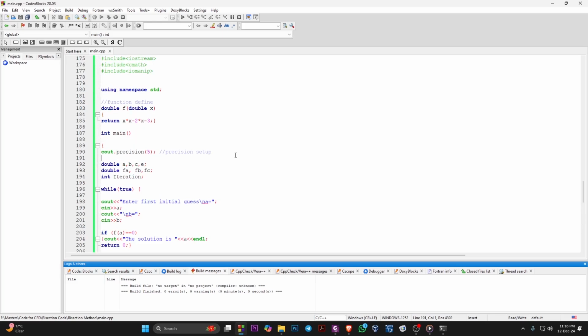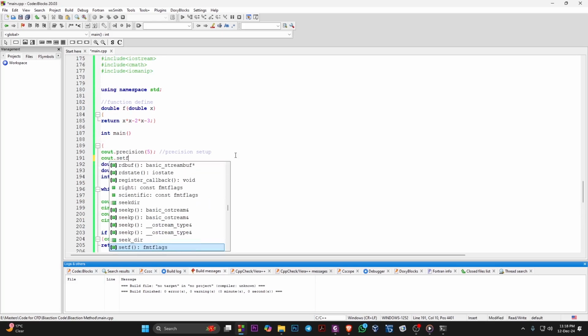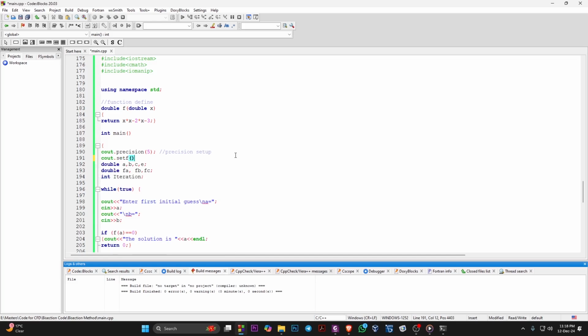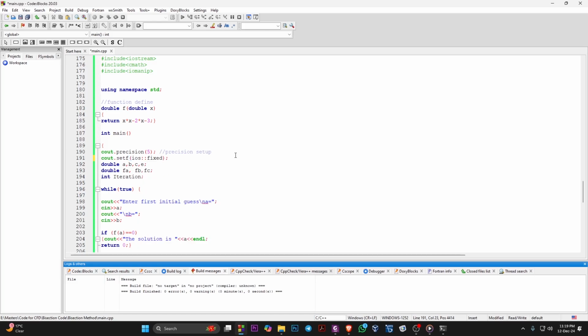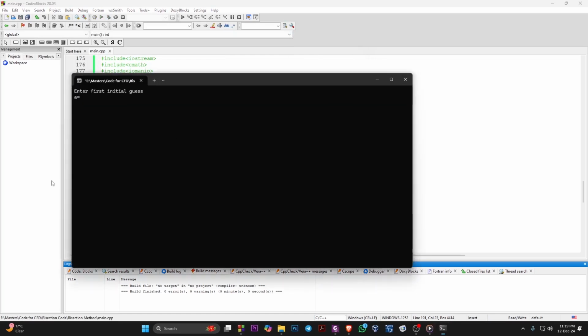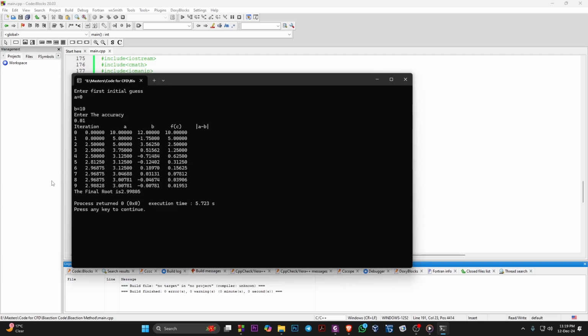Set f fixed point notation. Okay. Zero, 10, 0.1.